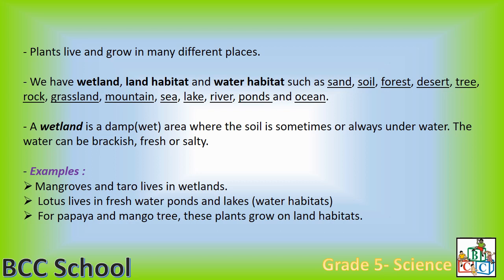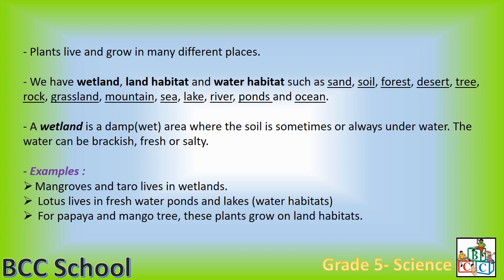Examples of land habitat are sand, soil, forest, desert, tree, rock, grassland, and mountain. Examples of water habitats are sea, lake, river, ponds, and ocean.